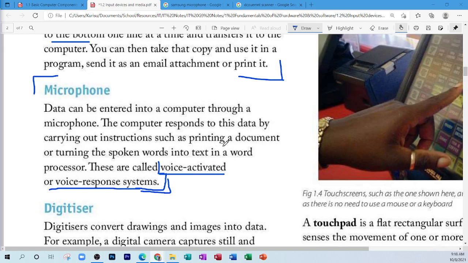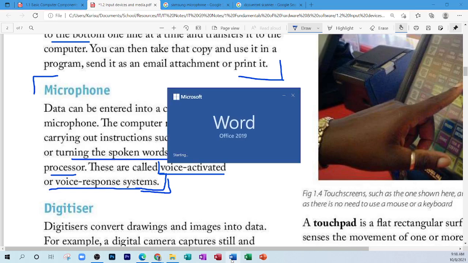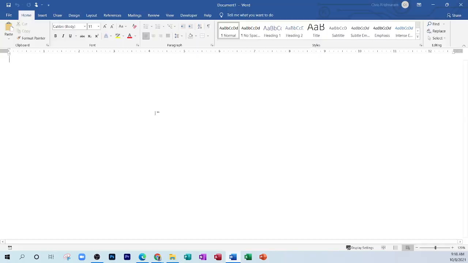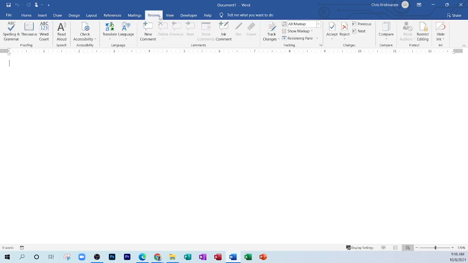Some common examples: it can turn spoken words into text in a computer. So instead of typing inside of Microsoft Word, we could say something and it would appear on the screen.